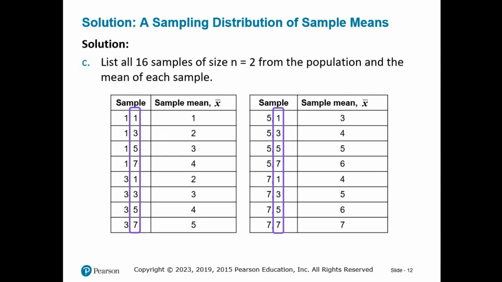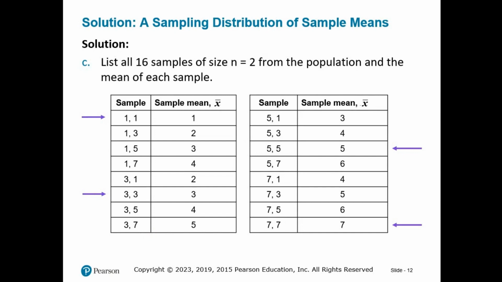Because we're putting them back after drawing them, because it said with replacement, there's a possibility of drawing the numbers twice. So we do want to include the possibilities of doubles as shown. So we could have 2 1s, 3s, 5s, or 7s. Remember, this is saying that we drew the first number first, replaced it, then happened to draw it again when we drew the second time.